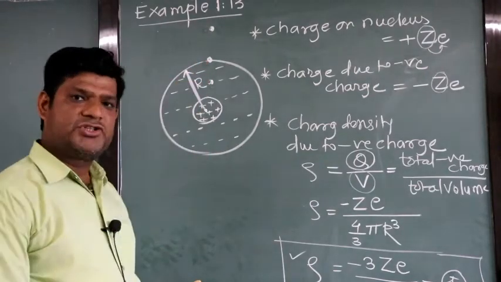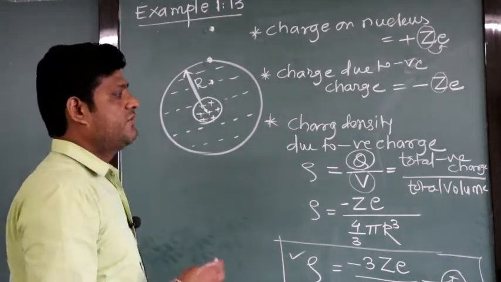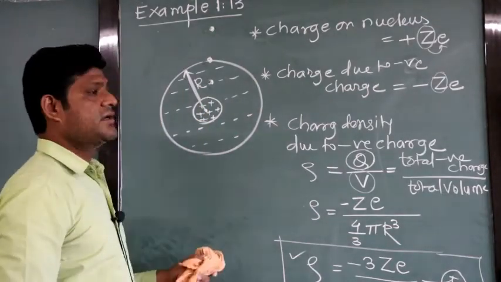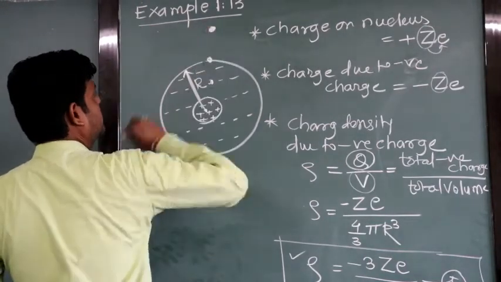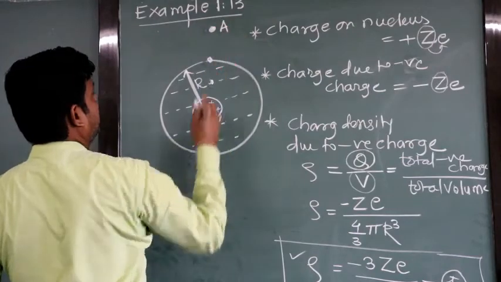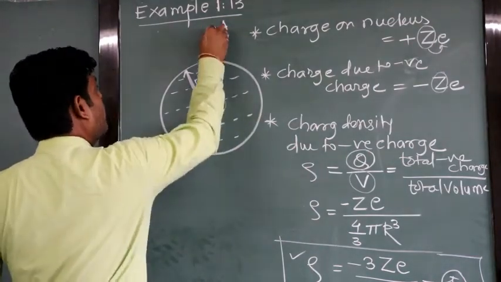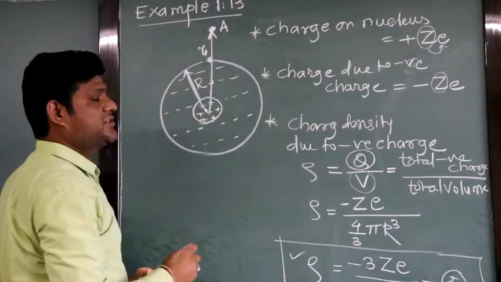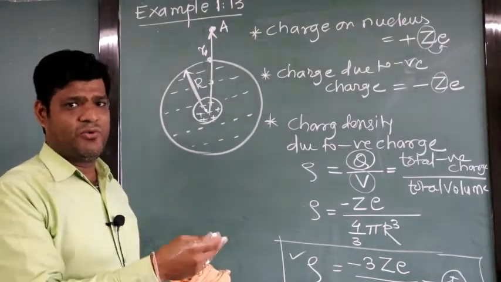This is your question. So first of all, we are going to calculate the electric field at a point A, at a distance that we represent by the letter RO, meaning the distance outside.